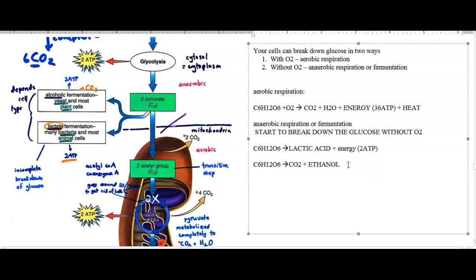And then it actually comes out of the bread, escapes from the dough, and that's where you can have all those air spaces. So it's only going to give off 2 ATPs. That is what's going to make the bread all fluffy.